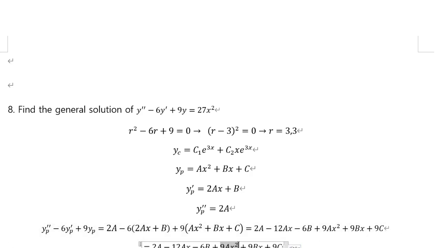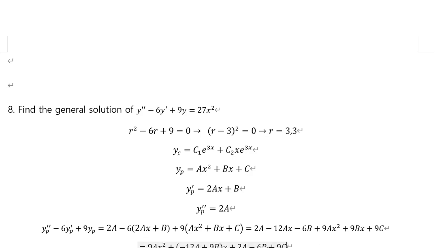So 9ax squared is the very first one. And for the x's, I get negative 12a plus 9b. Right? Okay, and then for the constants, it's 2a minus 6b and then plus 9c.